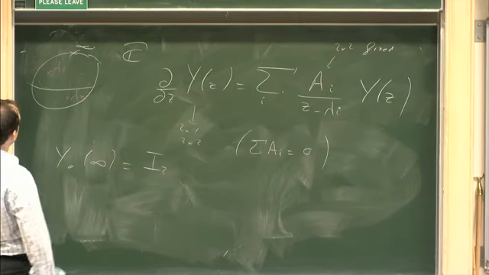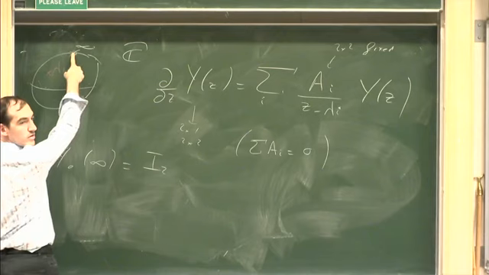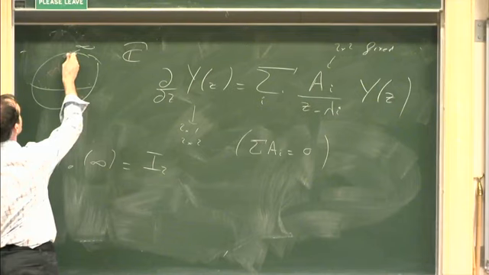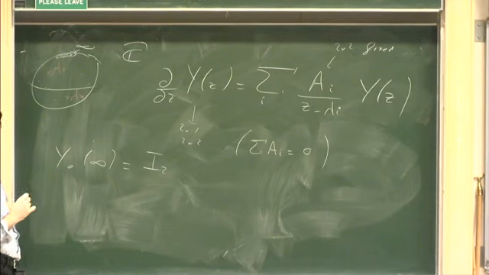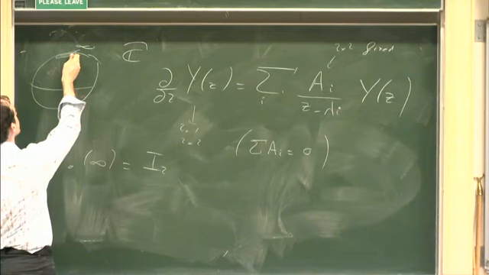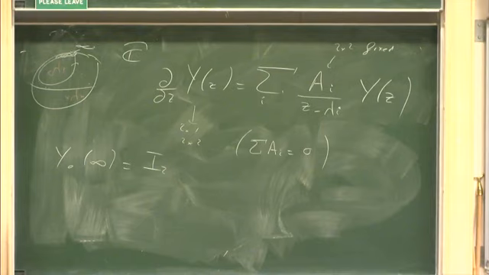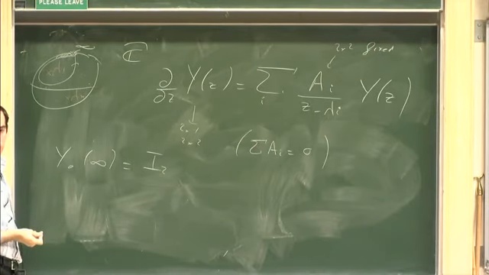Okay, so what happens is the following. If you take your solution y0 at infinity, it starts at identity, and then you know that in any small ball, you can continue your solution. There's no obstruction to analytically continue your solution along a path. And then you're going to come back to infinity. And when you do this, you're going to collect some monodromy matrix.